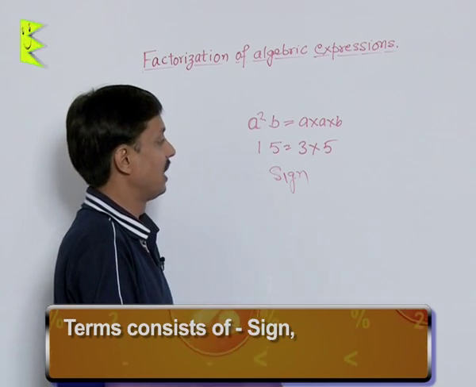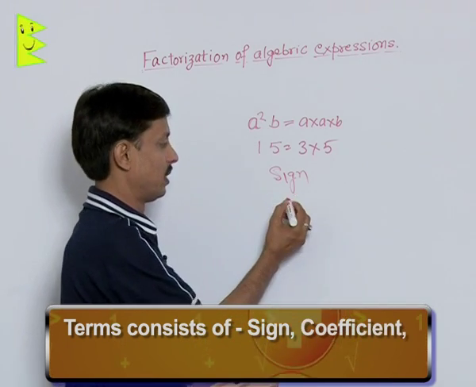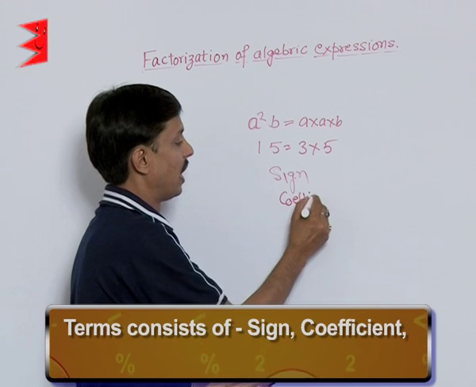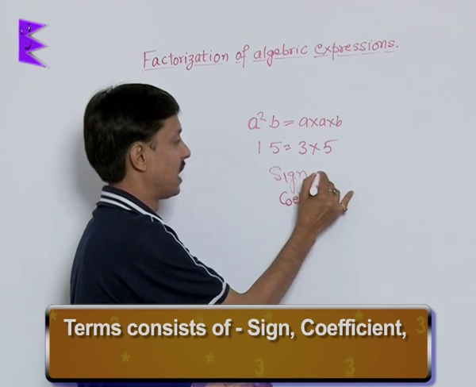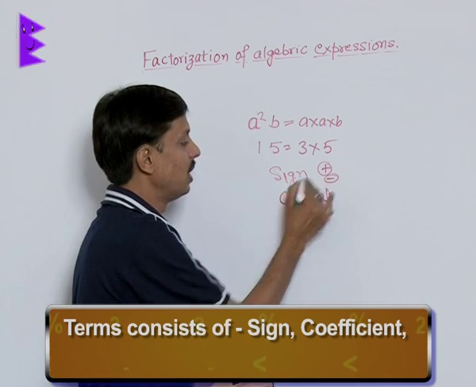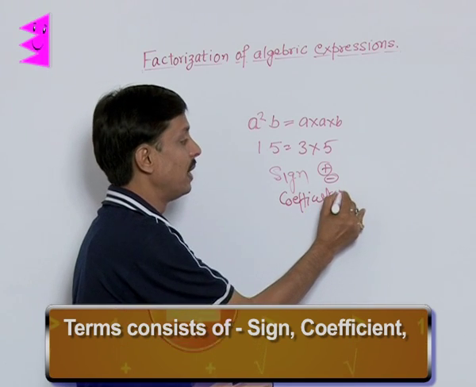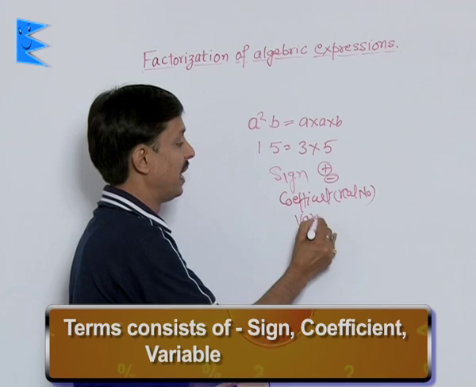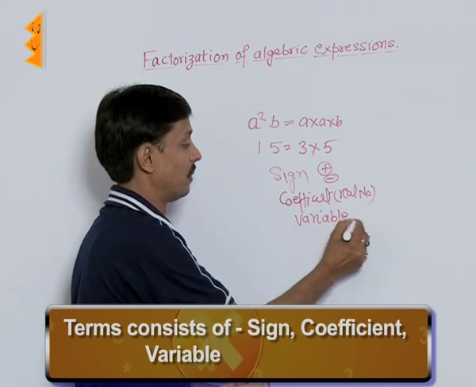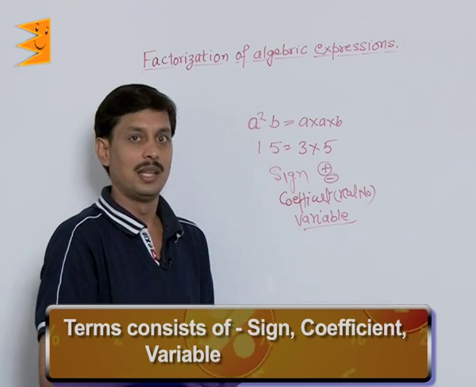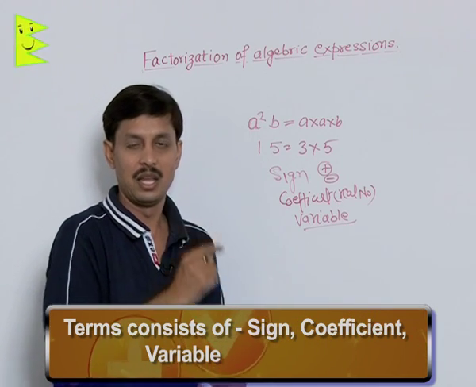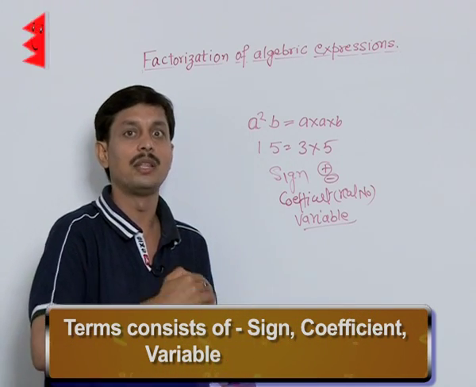Then it has a digit, meaning the coefficient. It has a sign, maybe plus or maybe minus. The coefficient will be any real number. Then it has a variable. The variable is any English alphabet, A, B, C, D, like we write 3x.